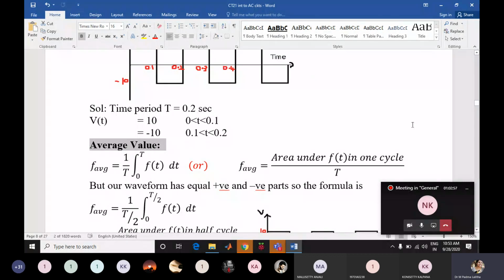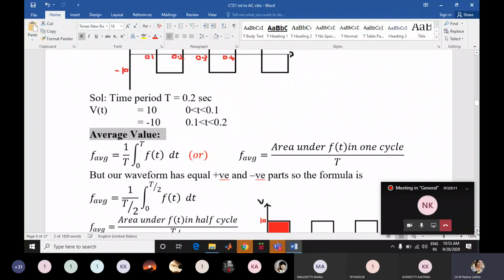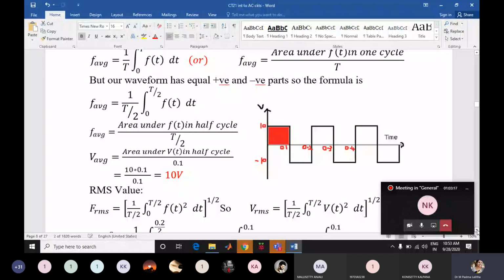So in that case, what do we need to do? We need to consider only half of the time period. When we defined the average value and RMS value, I mentioned that whenever the waveform consists of equal positive and negative half cycles, then we have to replace tau with tau by 2.